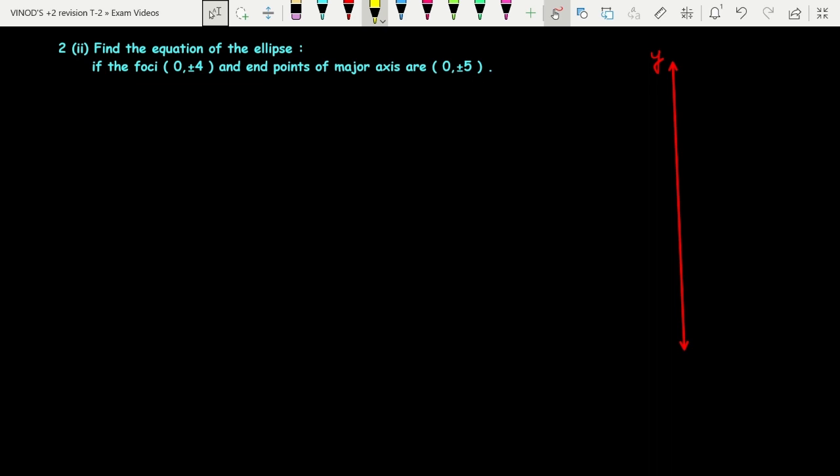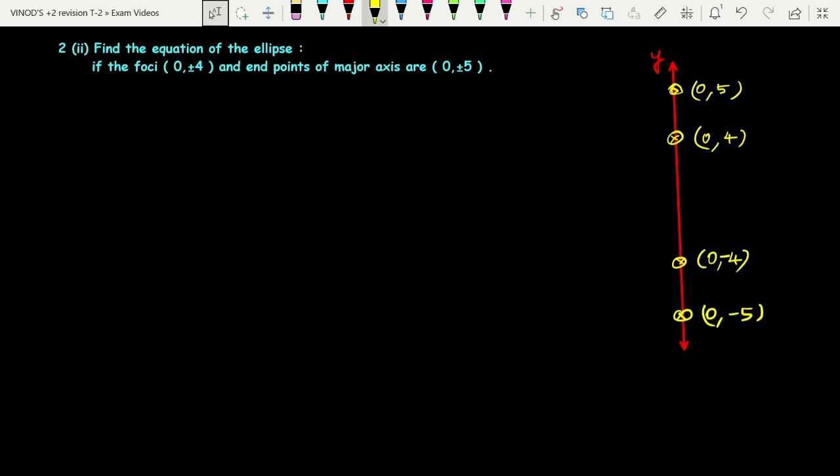So the two foci are (0, 4) and (0, -4), and the endpoints of the major axis are (0, 5) and (0, -5).